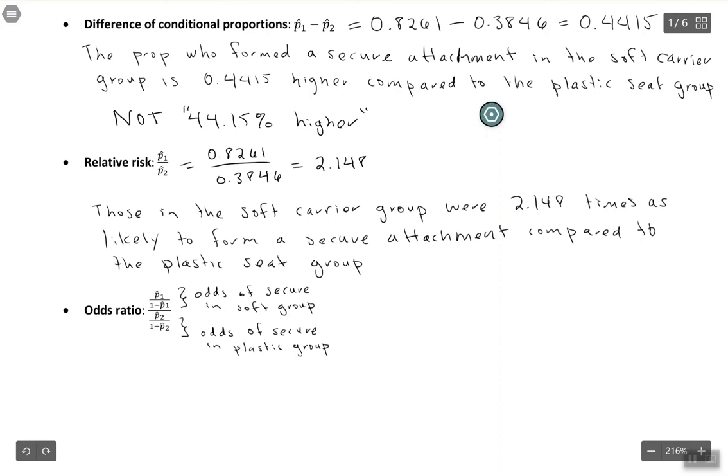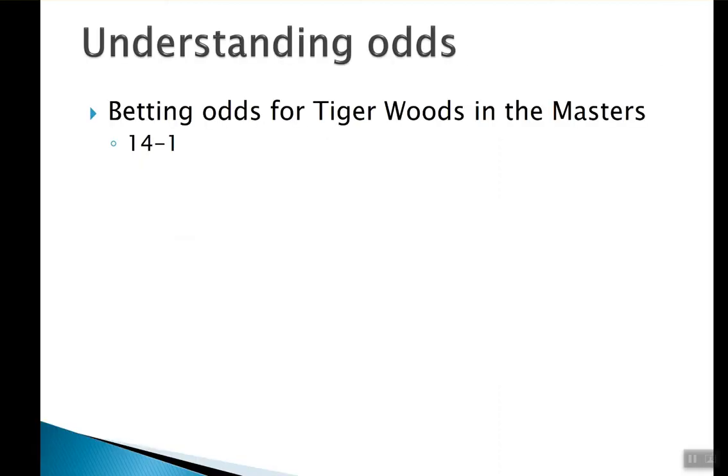So you may not be too familiar with the idea of odds, especially if you don't gamble a whole lot. But the idea of odds is basically a ratio of successes to failures. So you can see we've got the proportion, that'd be the proportion of successes, and then 1 minus the proportion, that'd be the proportion of failures. So you do see this when people are talking about gambling.